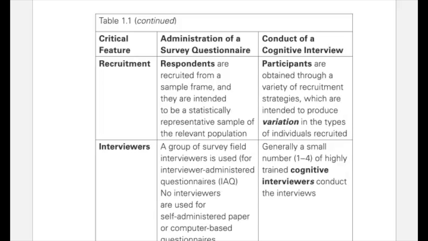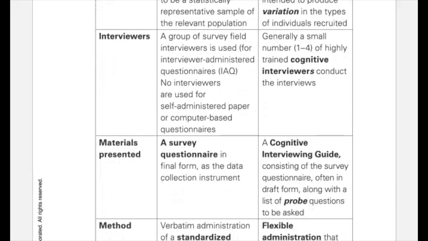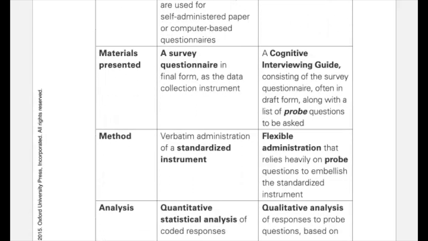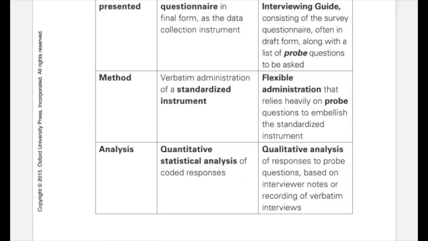He's also going to go into recruitment, interviewers, the type of people we're getting, the materials and how they're presented, the methods, and the analysis. The one thing I'm going to point out with the analysis is that when we administer our survey, we're looking at a quantitative statistical analysis. But notice that when we are doing a cognitive interview, we're looking at a qualitative analysis.